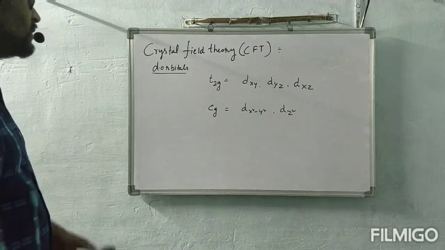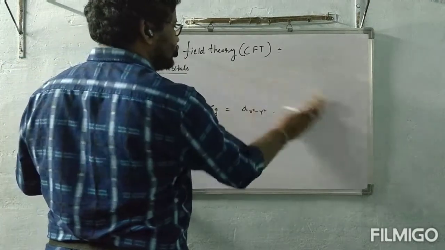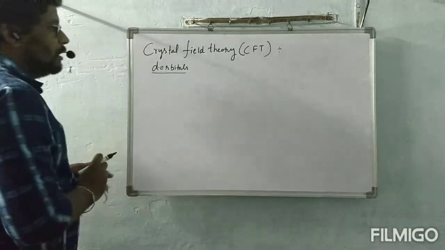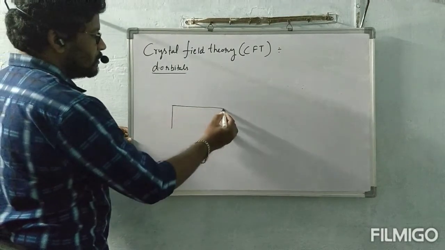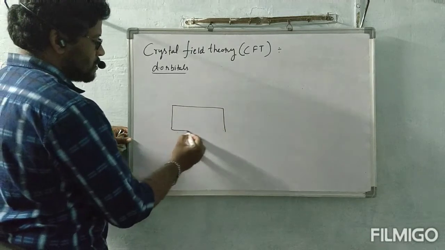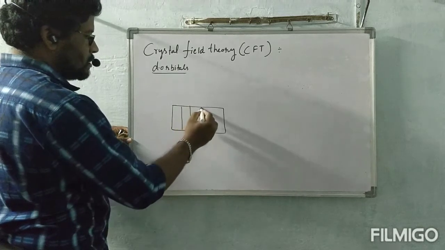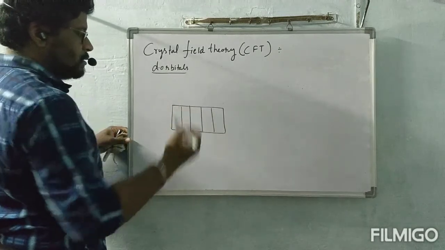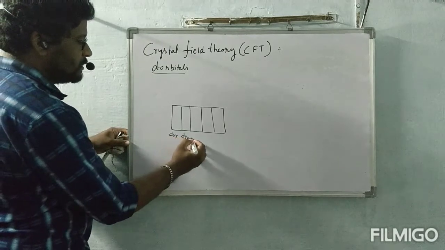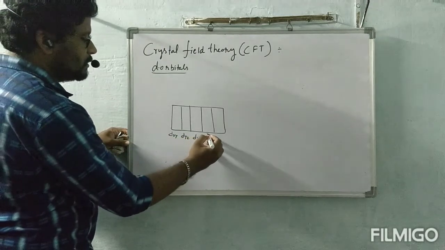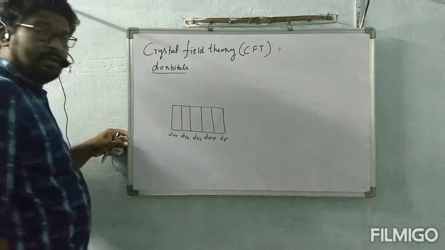Now you will get clarification. Now coming to the point. Totally 5 d orbitals are there: dxy, dyz, dxz, dx square y square, dz square.